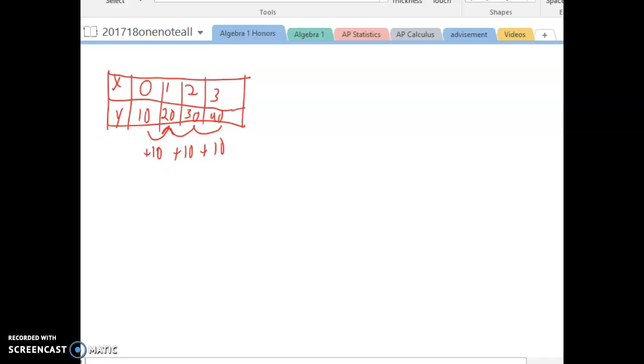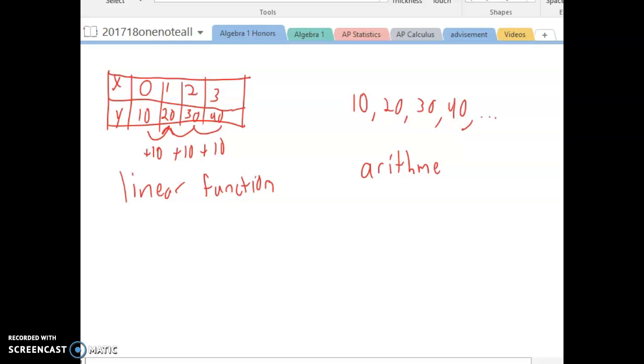So this is a linear function. The corresponding arithmetic sequence would be 10, 20, 30, 40, ellipsis. I hope that you see the connection between the linear function and the arithmetic sequence.